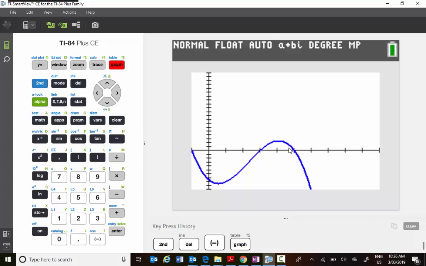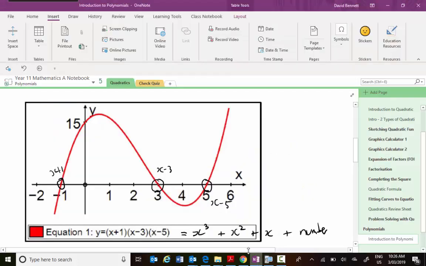It's the number that we multiply by at the front of the bracket that determines where it's going to cut the y axis, and how steep it's going to be. So those critical points, which are our x-intercepts, haven't changed because our factors are still the same.